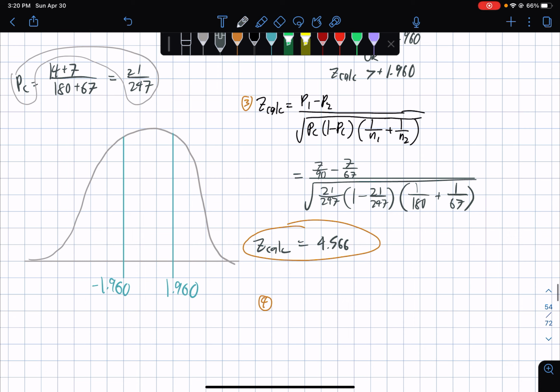And then 4.566 is somewhere here. This region is reject in the two-tailed test, so reject H0.